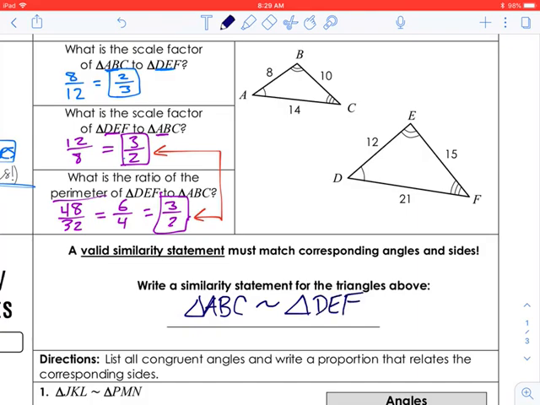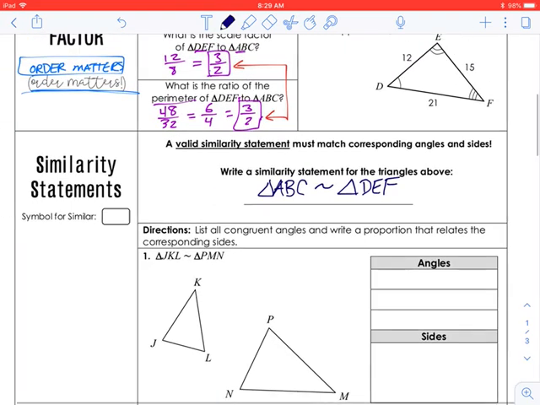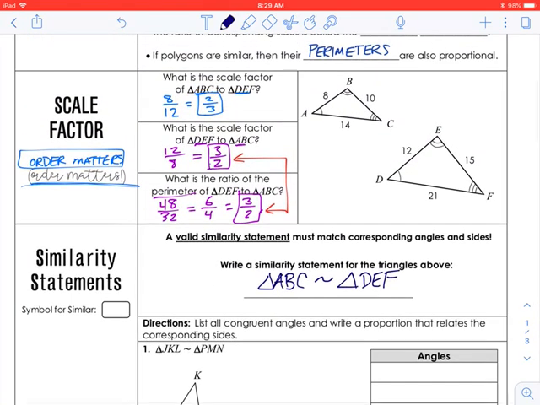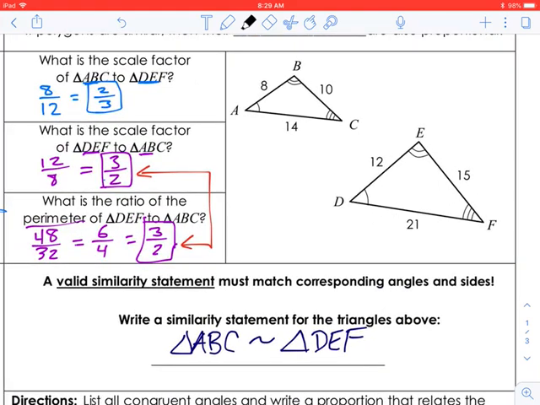Now, keep in mind, the order matters. So look at the corresponding parts. Let's make sure we're in the right spot. So A came first. Look at the markings on A and D. B came second. Look at the markings on B and E. And then C and F, 3 and 3.